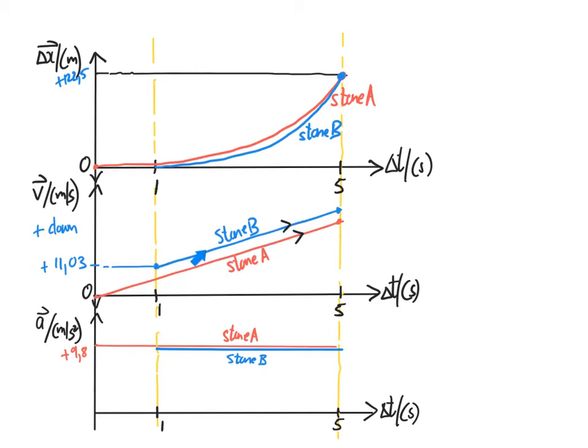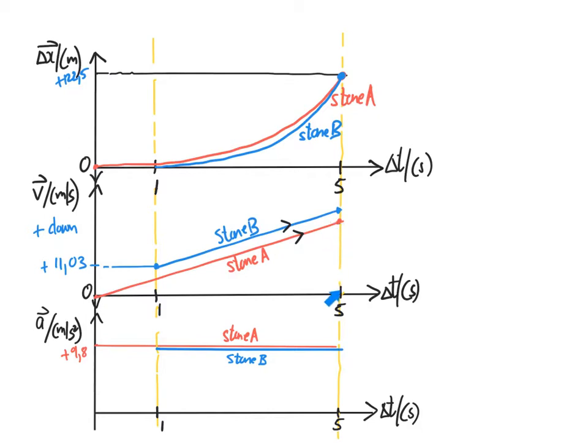But you can see all the way through that the two stones are being accelerated at the same gradient, but they're not moving at the same velocity. And it's only when they get to the water surface that they actually meet up, that they catch up.